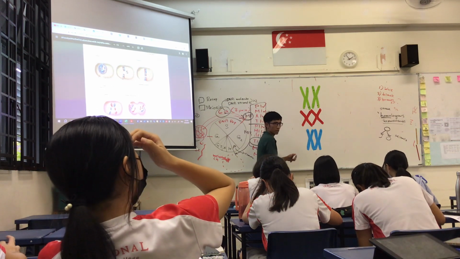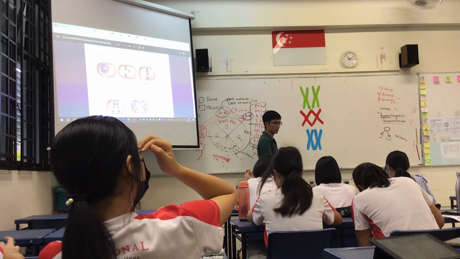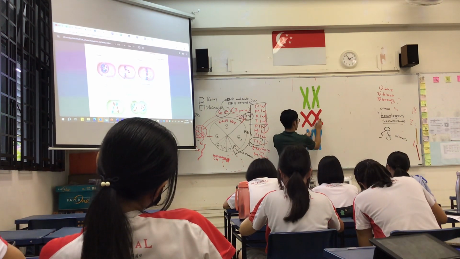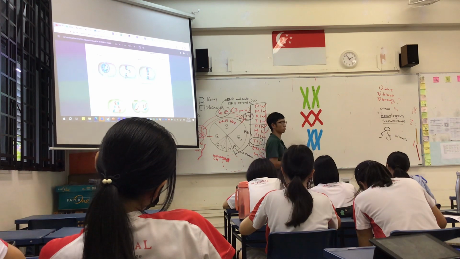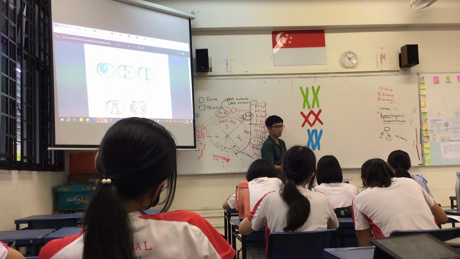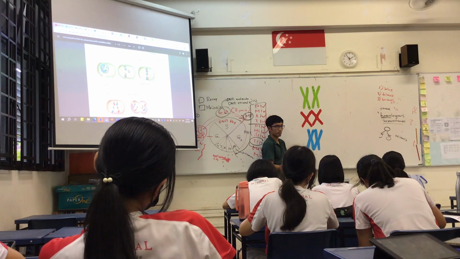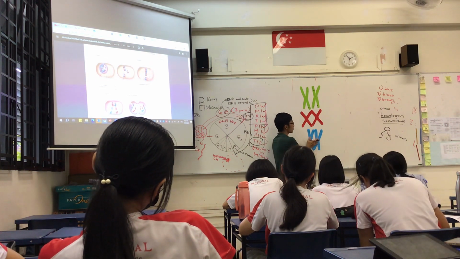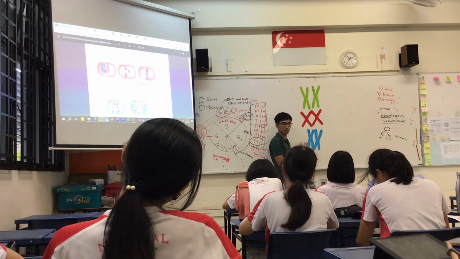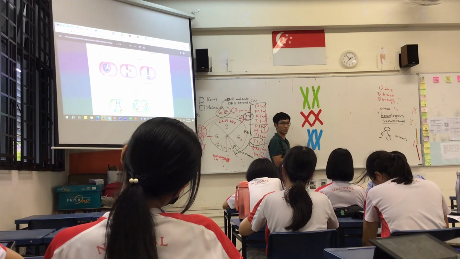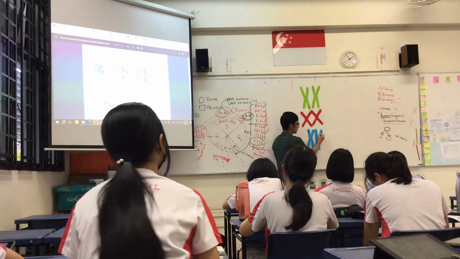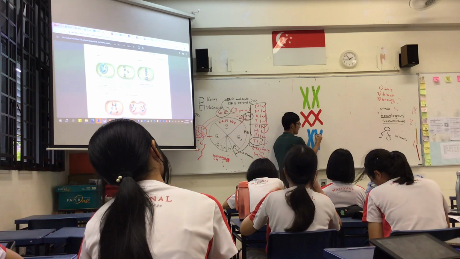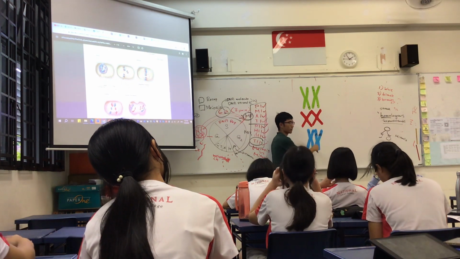Now you ask the question, what in the world is independent assortment of chromosomes? Earlier on I said that each homologous pair of chromosomes has the same genes, right? I'm going to represent the same gene with the same alphabet, for example, A. They are identical because of DNA replication.